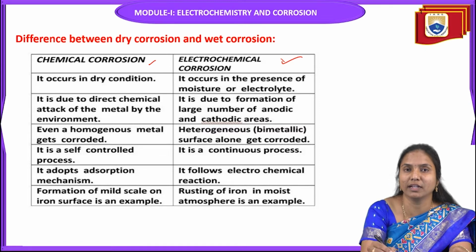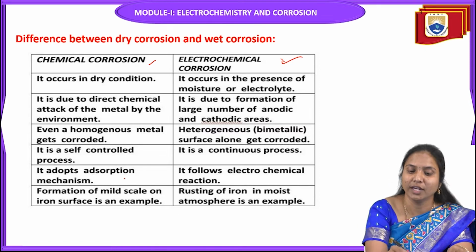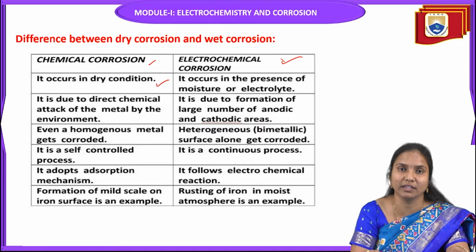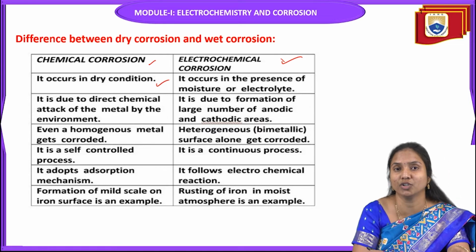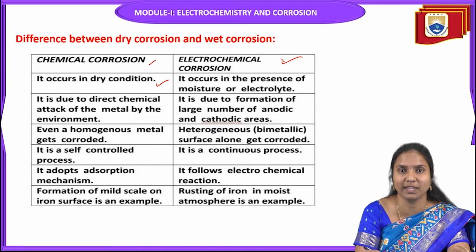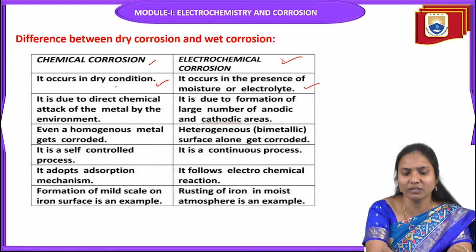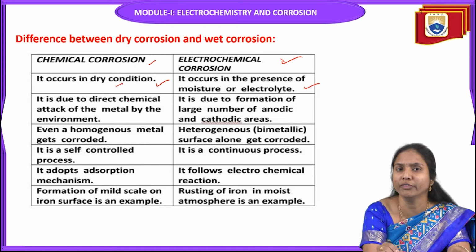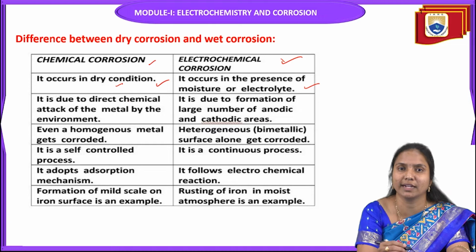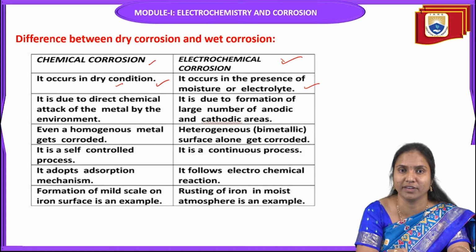Dry corrosion, or chemical corrosion, occurs mainly in dry conditions. Direct chemical action of the environment or atmospheric gases on the metal surface is called dry corrosion, usually in the absence of moisture.